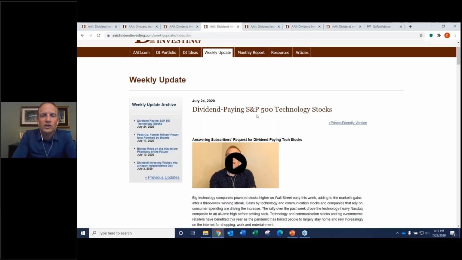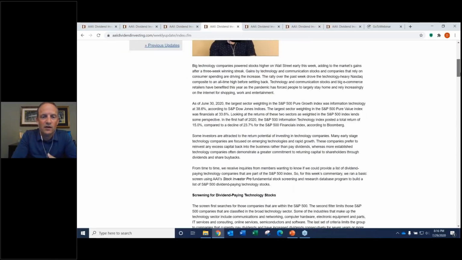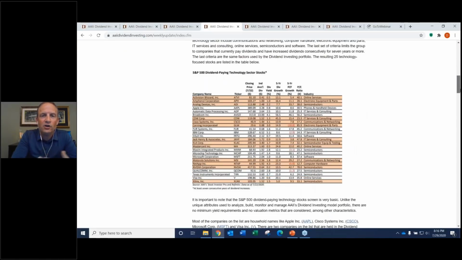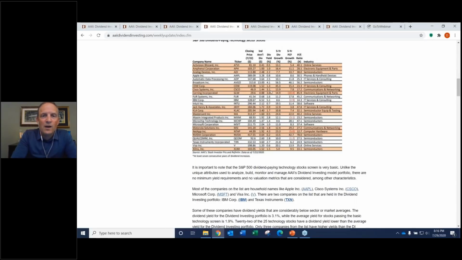So I did some research and presented some findings here and just wrote about some technology stocks in general. And here you can see, it might be small on your screen, but here were some companies that, again, may not meet all the DI portfolio characteristics, but these were companies that were specific. They were S&P 500 dividend paying technology stocks.